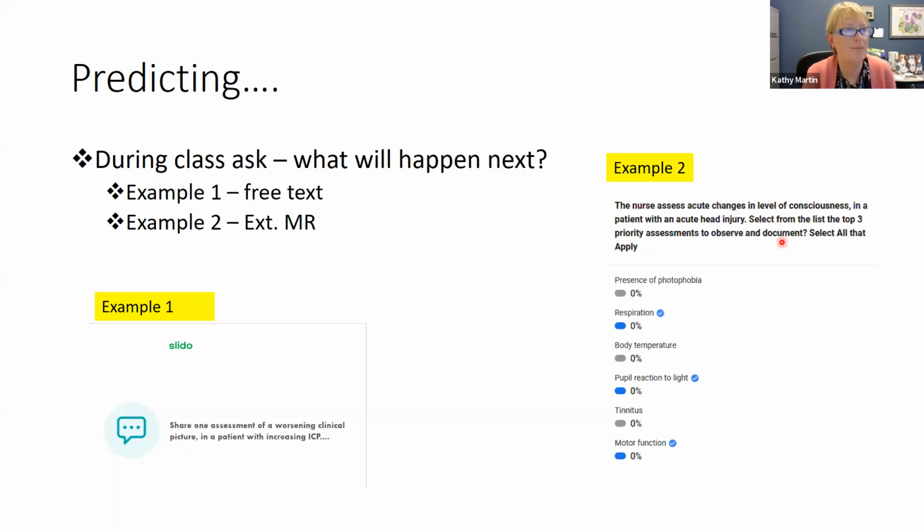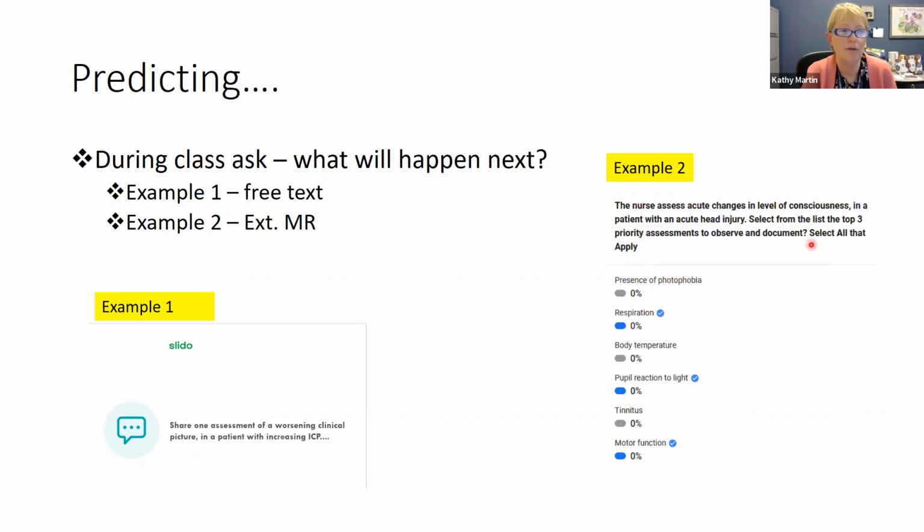So example number 2: the nurse assesses acute changes in level of consciousness in a patient with an acute head injury. Select from the list the top 3 priority assessments to observe and document. Select all that apply. So here I am serving a couple of purposes.